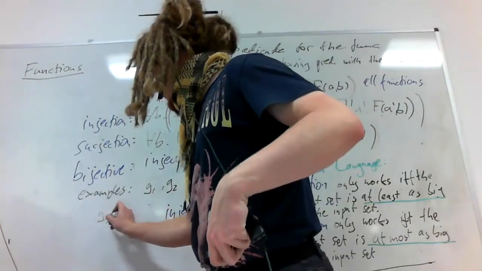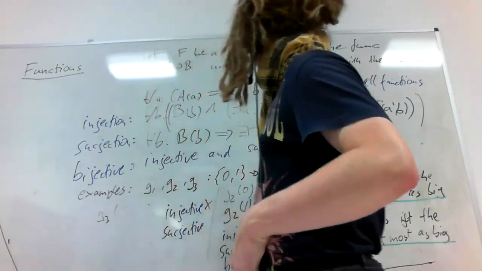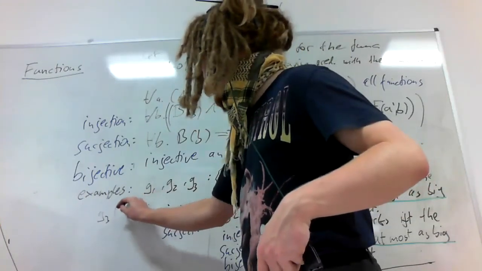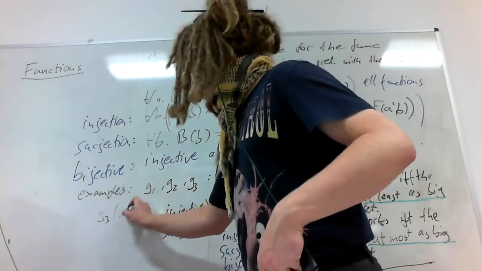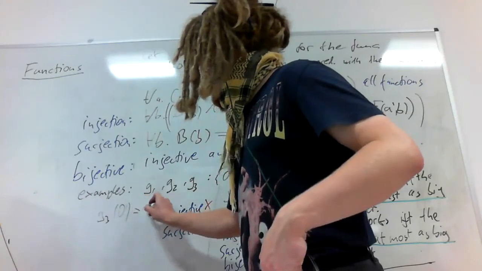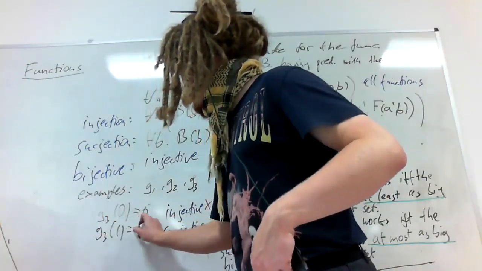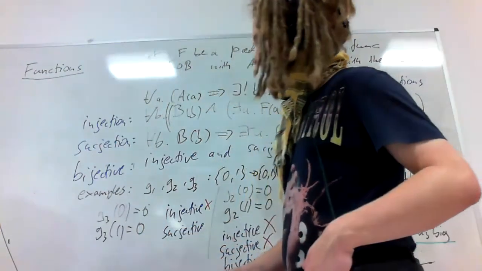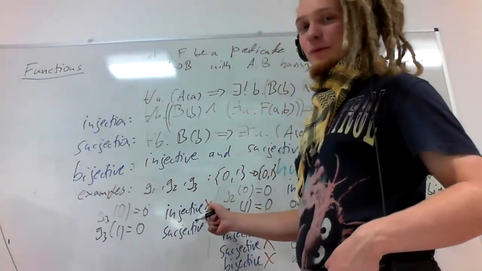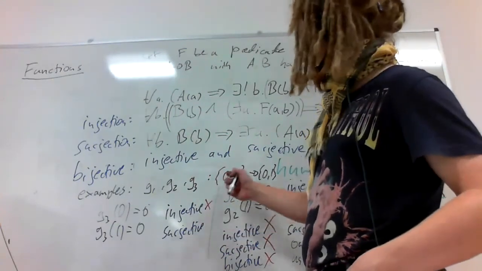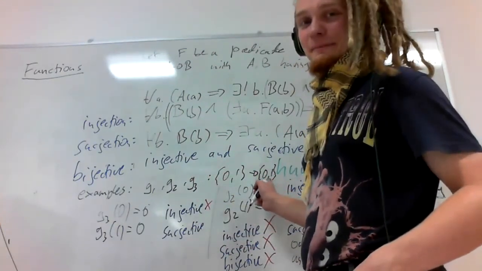And if we have, for example, G3, okay, we have to hit something twice, right? So G of 0 maybe goes to 0, G of 1 goes to 0. This is nice. It's not injective anymore. But to make it surjective, we now have to hit the 1 with something. Right?